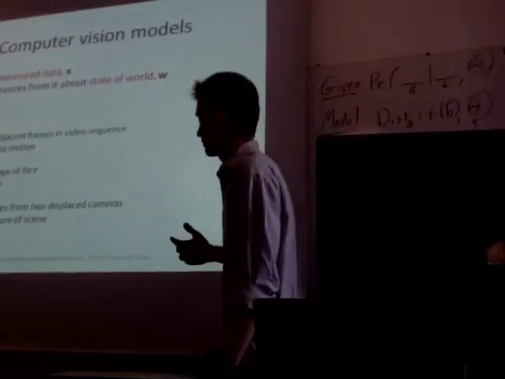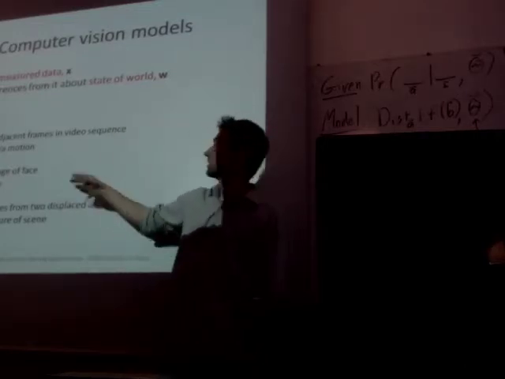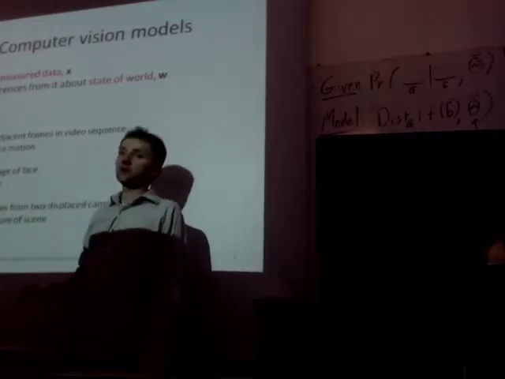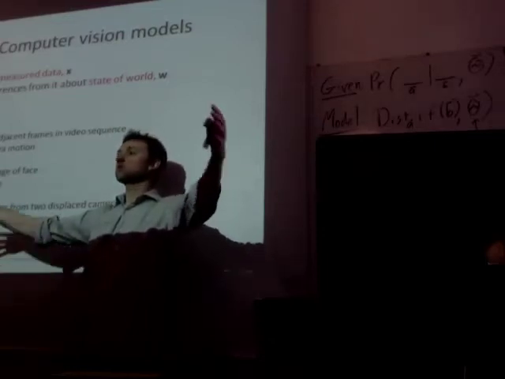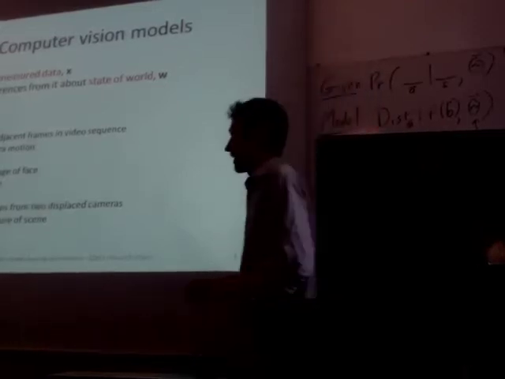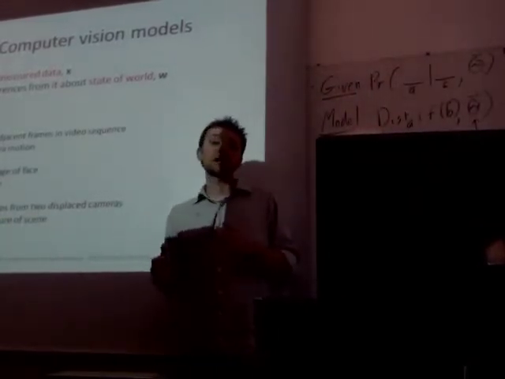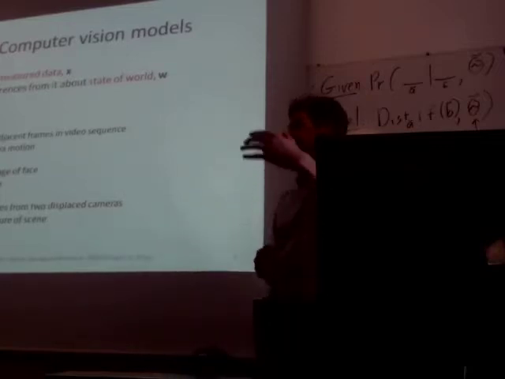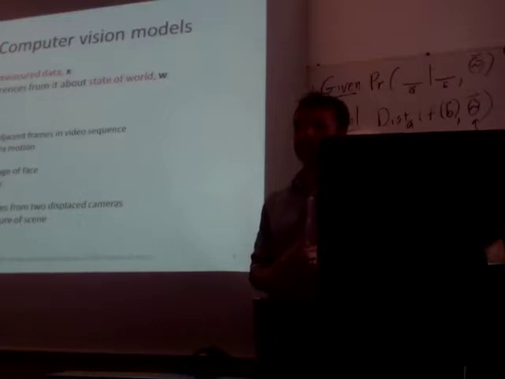And of course, there's lots of complexity behind this problem. How do I model the face? Am I trying to identify from a set of people that I know in this room, where the set is small, or out of the whole world population? Last example here, observe an image of 2 displaced cameras, and now I'm trying to infer the structure of the scene. Where are the points in 3D, for example?